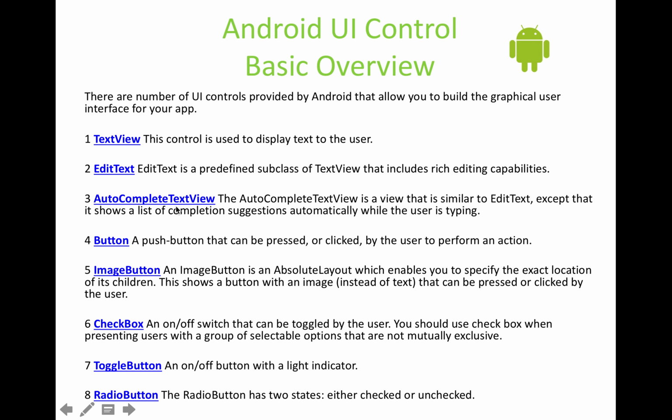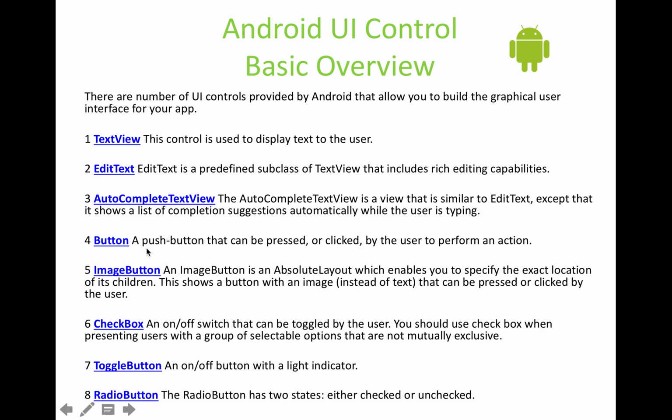Another is EditText. EditText is a predefined subclass of TextView that includes rich editing capability. AutoCompleteTextView is similar to EditText, except that it shows a list of completion suggestions automatically when the user is typing.